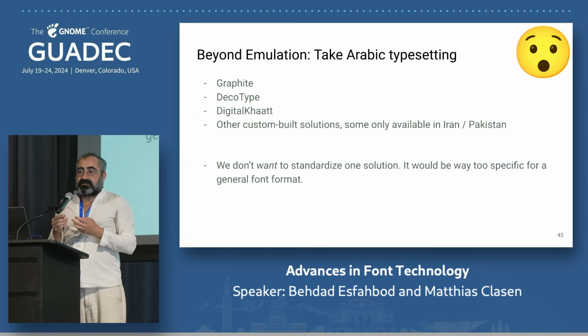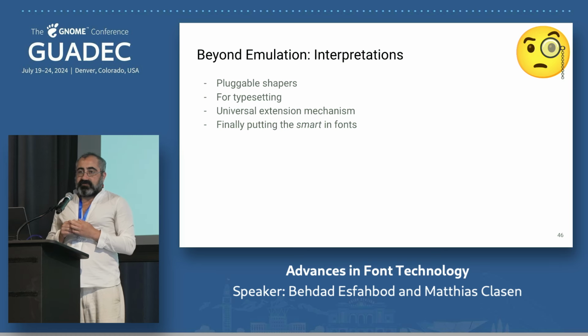So another way to look at it is that we want to have pluggable shapers, and people might say we don't want this on the web browser, or we don't want this on my system, but shaping doesn't only happen on the web or on the desktop.